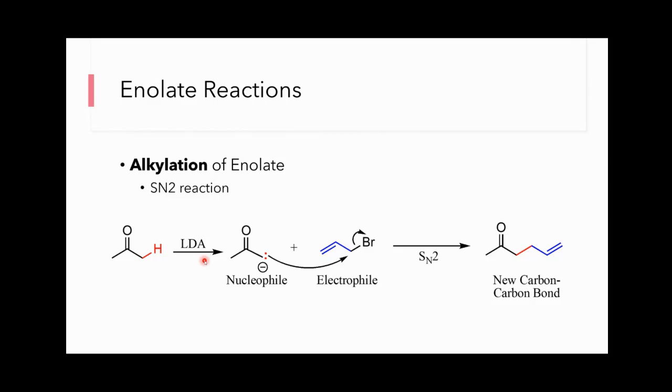LDA is a strong base, which will take this hydrogen, and you get a nucleophile now. You can pick whatever alkyl group you want to add, just attach it to a good leaving group, and it'll do an SN2 attack.